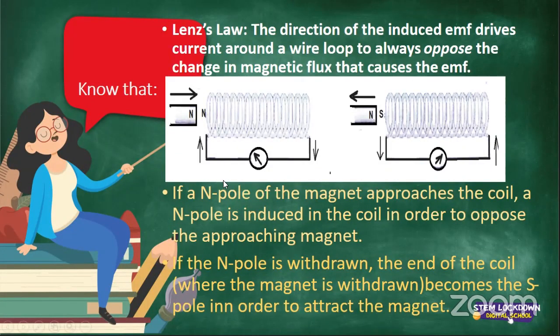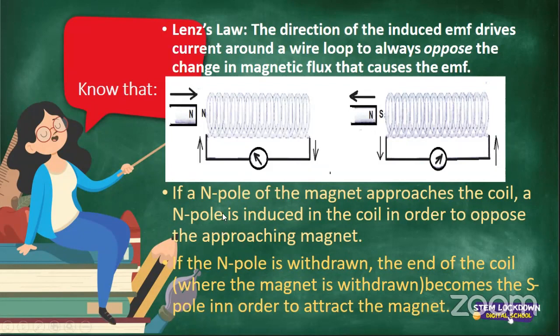Right. So what does that mean? Let's look here. If the north pole of the magnet approaches the coil, like we are seeing here, a north pole is induced in the coil to oppose the approaching magnet.